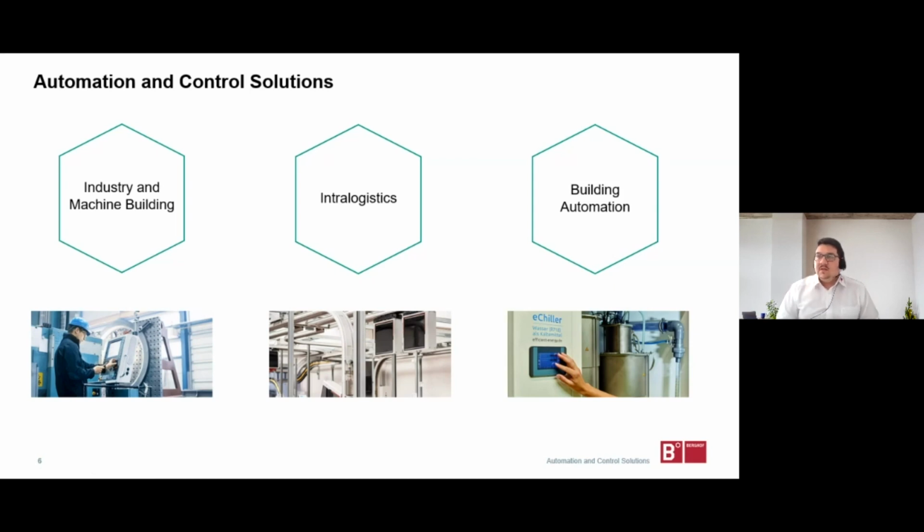We are represented in intralogistics with our PowerTrack devices, which are specialized controllers for transport systems on a guided railway. We have a specialized grinding can for the communication there and provide our services here, and also in building automation, like climate control or fan control inside the building and other control tasks.